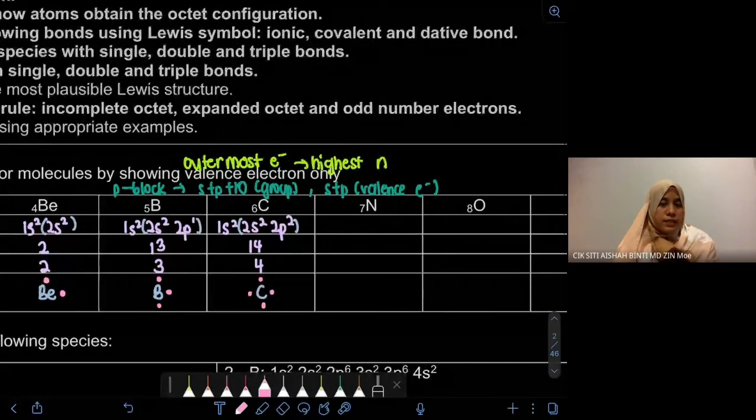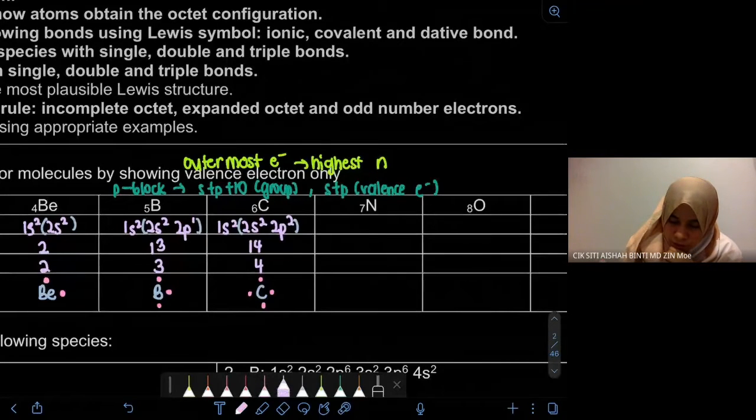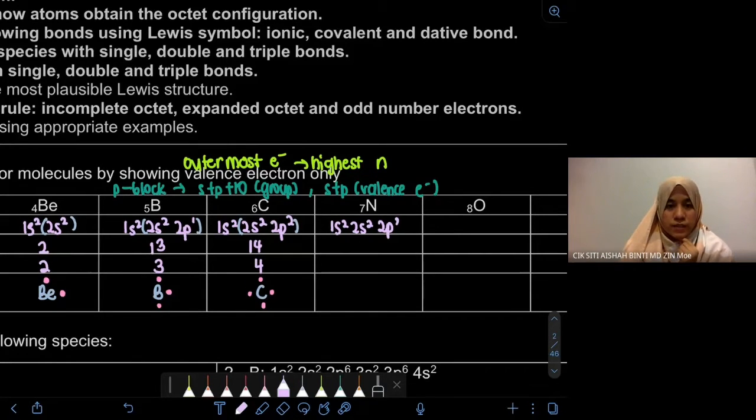Okay, yang nitrogen yang last yang Miss akan buat. Okay. Last is actually our nitrogen. Nitrogen ni, so dia jadi 1s2, 2s2, 2p3. Okay, so jadilah 7. Okay. And then the valence shell dia is this one yang n equal to 2. Okay, so what is the group?